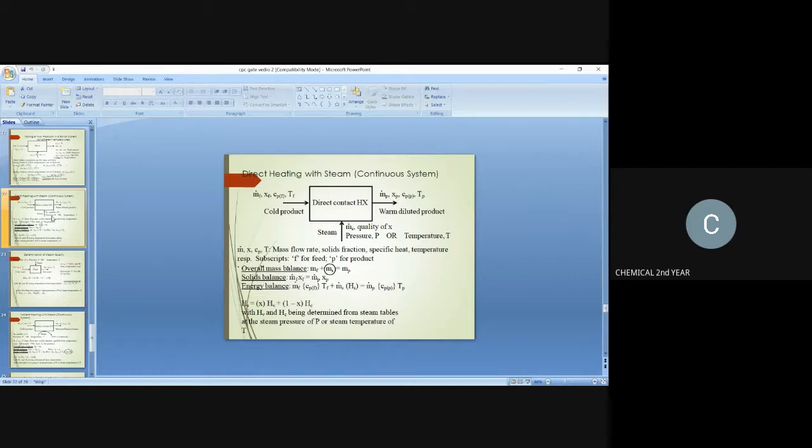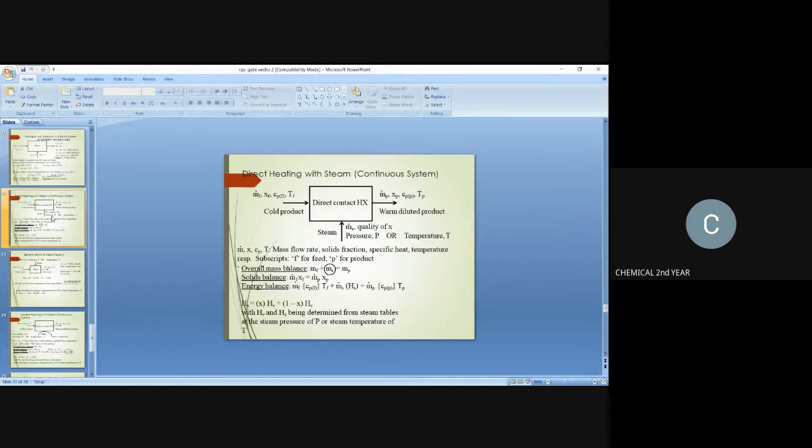The overall material balance for the above system can be written as the mass flow rate of the feed plus the mass flow rate of the steam, which is equal to the mass flow rate of the product. Here feed and steam are our input and product is our output.